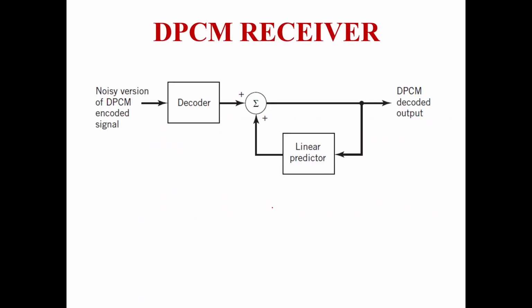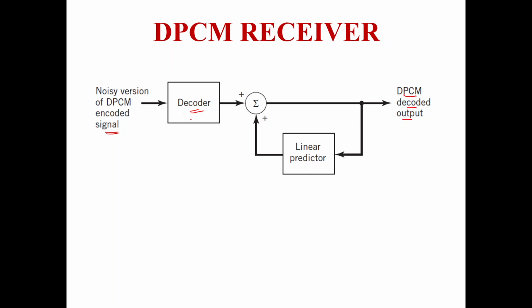Here we are going to discuss the DPCM receiver, and how the signals are reconstructed with the help of this block. I have a decoder block. I am applying a noisy version of the DPCM encoded signal as an input to the decoder. The decoder output is given to a summer block, where the summer receives an input from the linear predictor. The output is your DPCM decoded output.